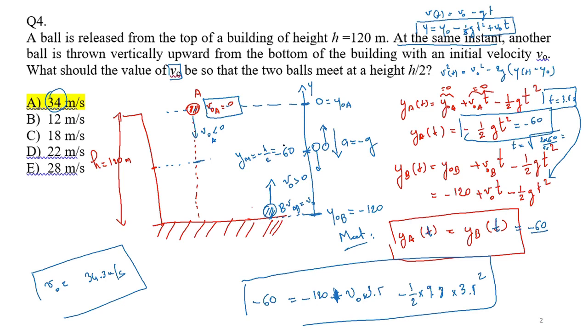But I can reformulate the same question. How will I reformulate it? I will give you the initial velocity for B, initial velocity for A. It's a free fall for both of them, and I ask you where they will meet and at what time. But here, the problem is I said they will meet here.